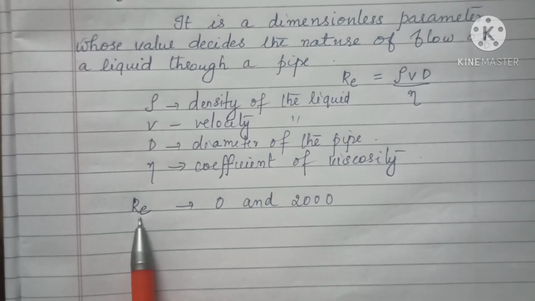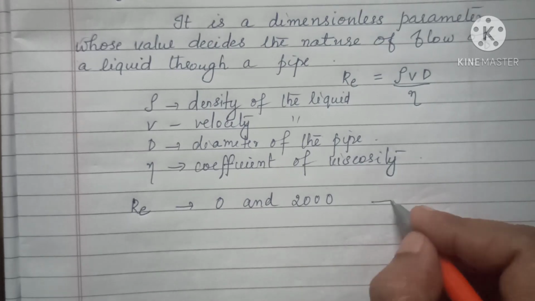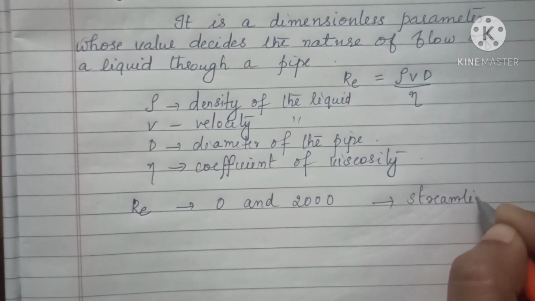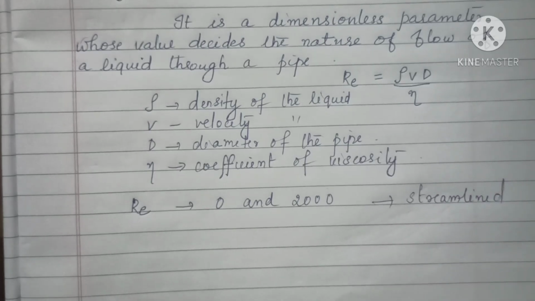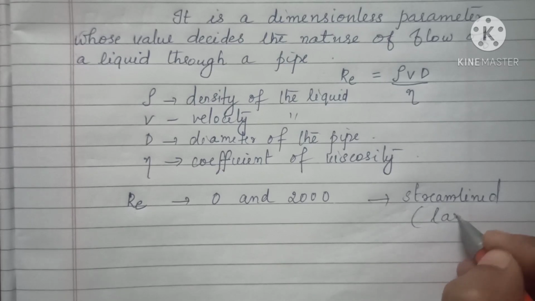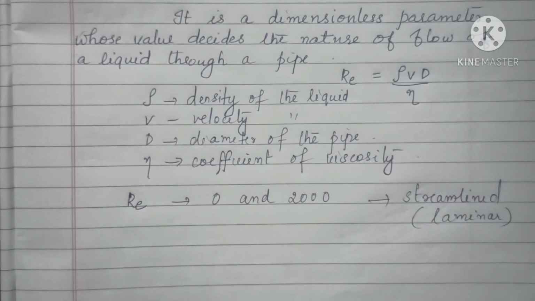So if the value lies between 0 and 2000, the liquid flow is considered to be streamlined. It can also be called laminar. Laminar flow means steady flow.